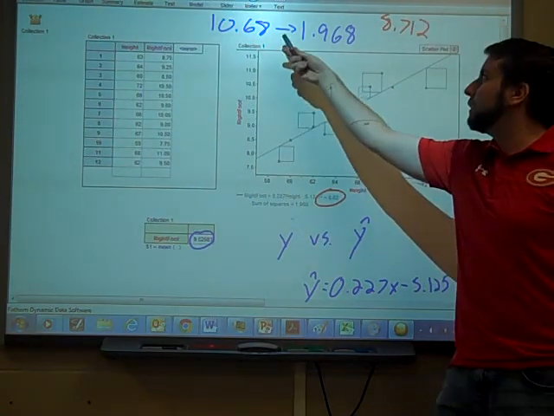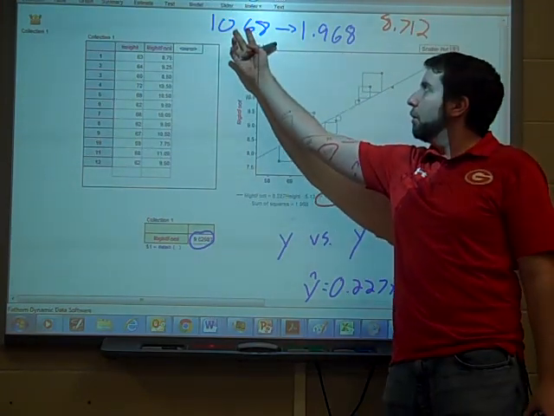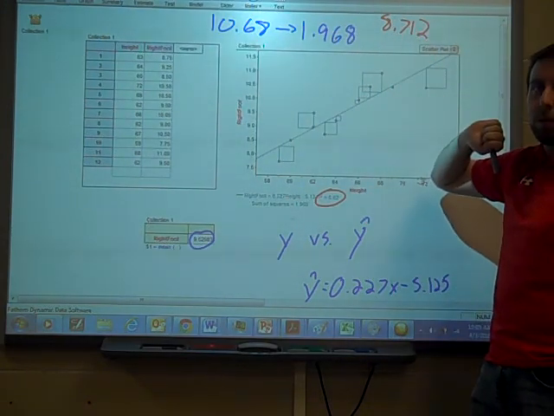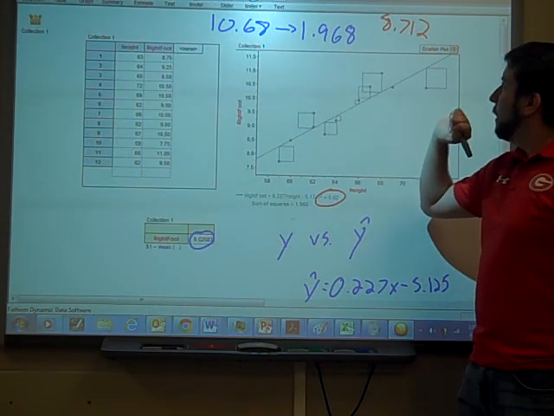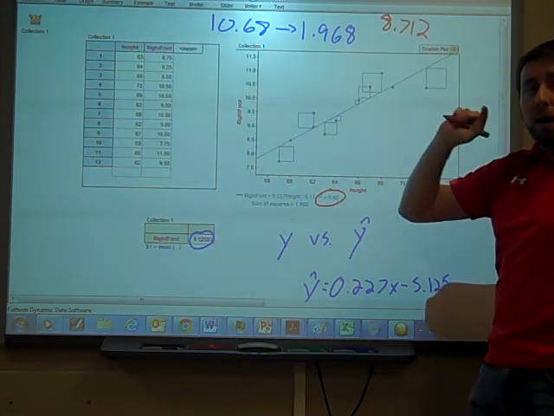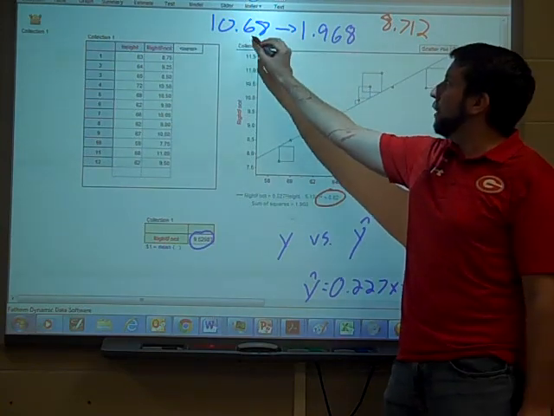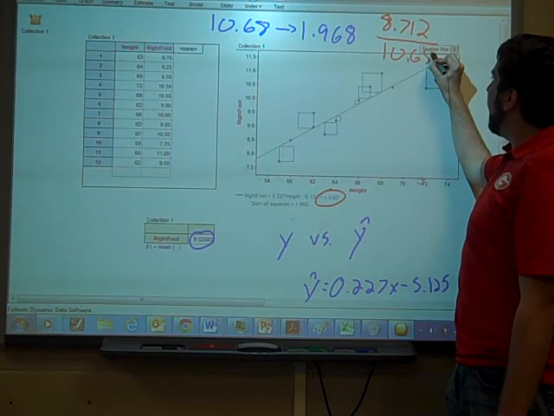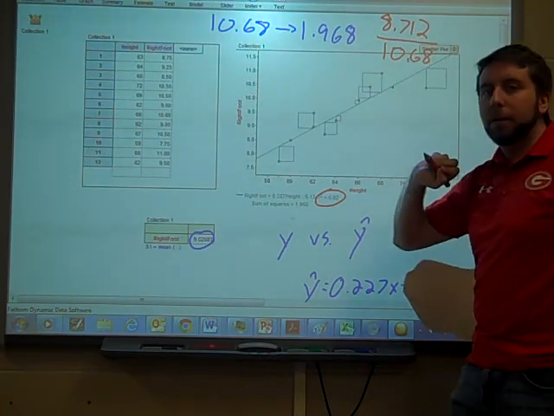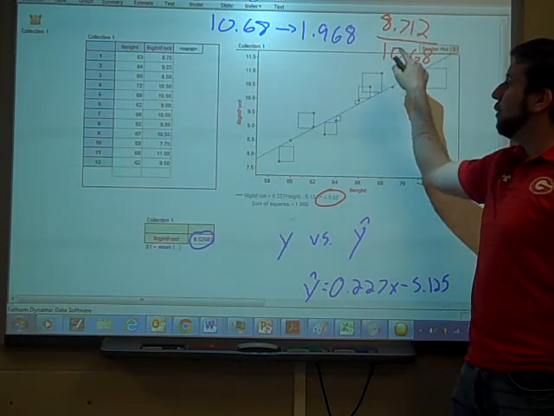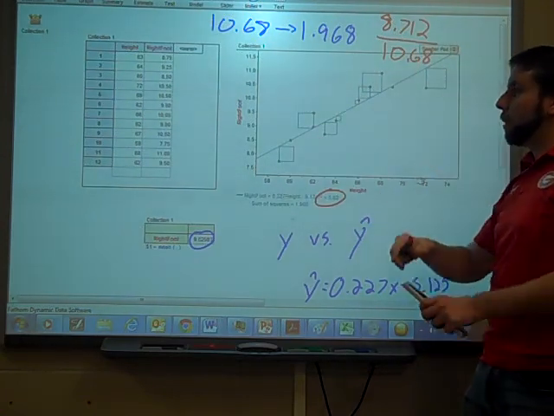I was able to get my sum of squares to go down from here to here. I was able to make a decrease by 8.712. Now here's the thing, it's 8.712 out of what I originally started with, right? Out of that 10.68. So out of that 10.68, I was able to get rid of 8.712 by way of the least squares regression line.